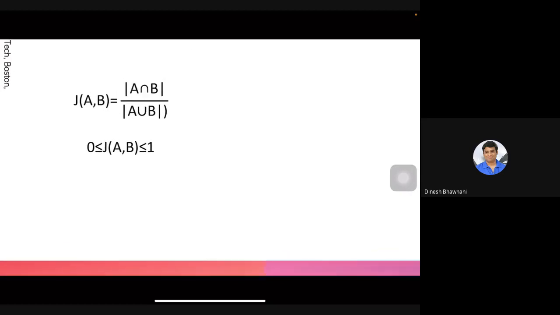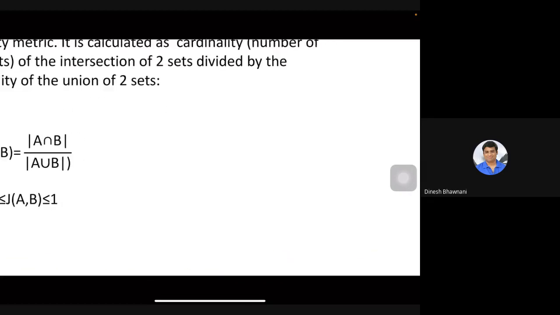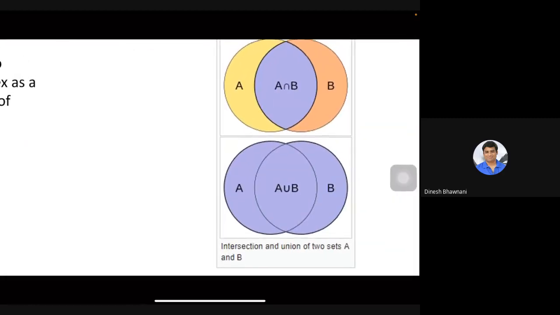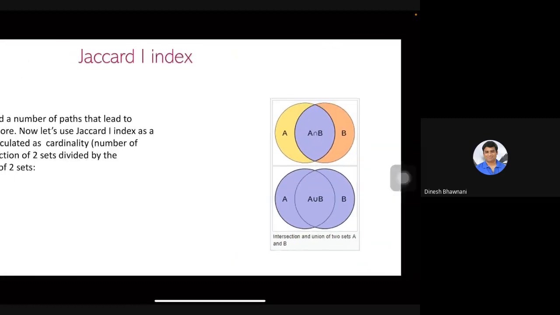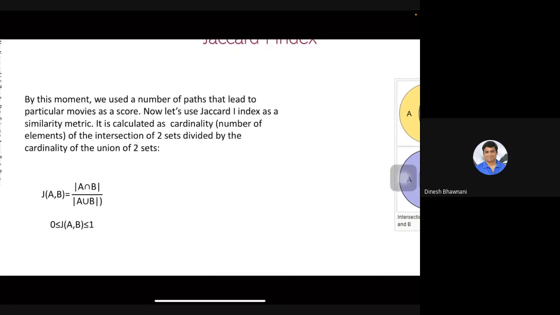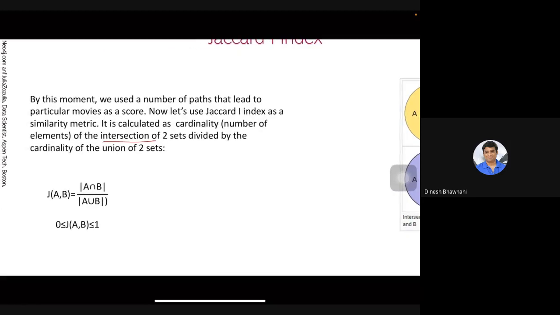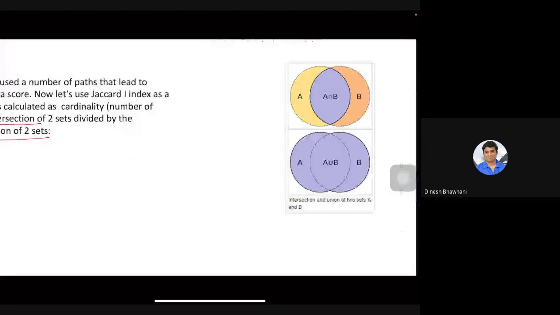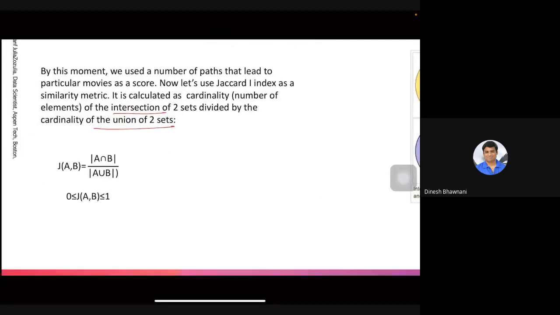Jaccard of A, B, this is how it is related. Intersection divided by cardinality of union. That's what we are going to use.